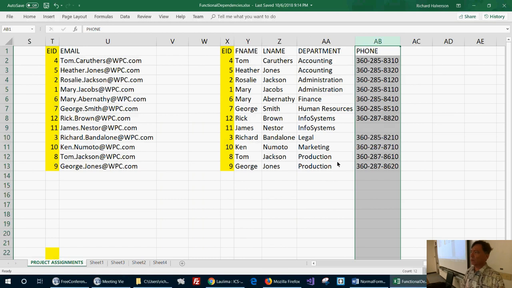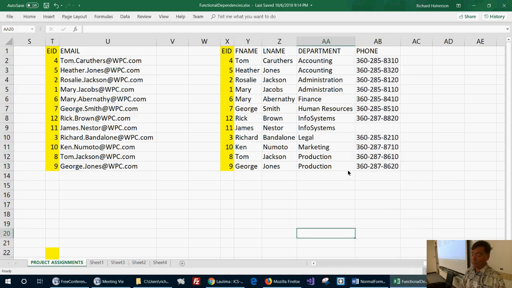I was trying to formulate a case where you would have the email address. Oh wait, all the functional dependencies are implied by the keys. This is determined by this. I guess I'm trying to come up with something on the fly here.